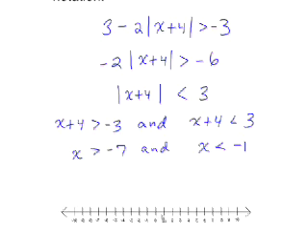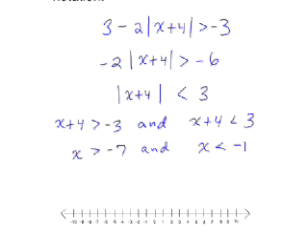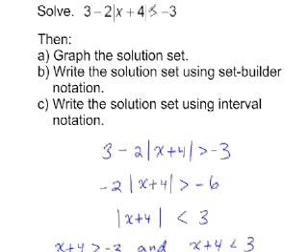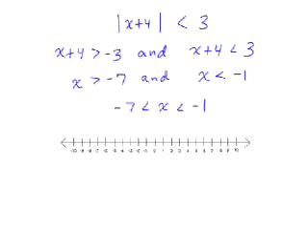So to write our solution set, we can write it as x needs to be between negative 7 and negative 1, and because our original problem was strictly a greater than situation, not greater than or equal to, we do not have equal signs here as well.